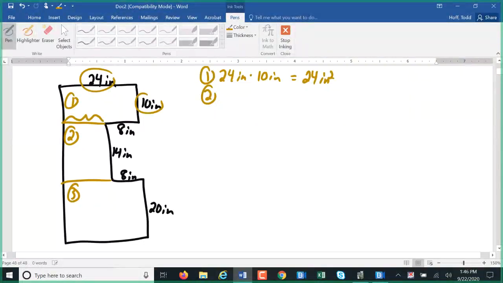My second piece is going to take some work. What's that dimension right there going to be? Yeah, 24 and 8, that has to be 16. So piece 2 is 16 inches by 14 inches, which is 224 square inches.